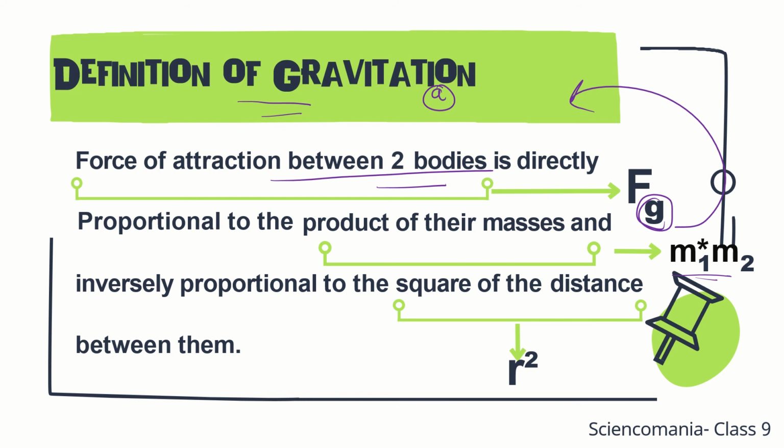Suppose there is a mass A and a mass B, m1 is A's mass, m2 is B's mass. Now, the distance between them. Suppose the distance between them is r. So, force will be inversely proportional to r square, which is the square of the distance between them.